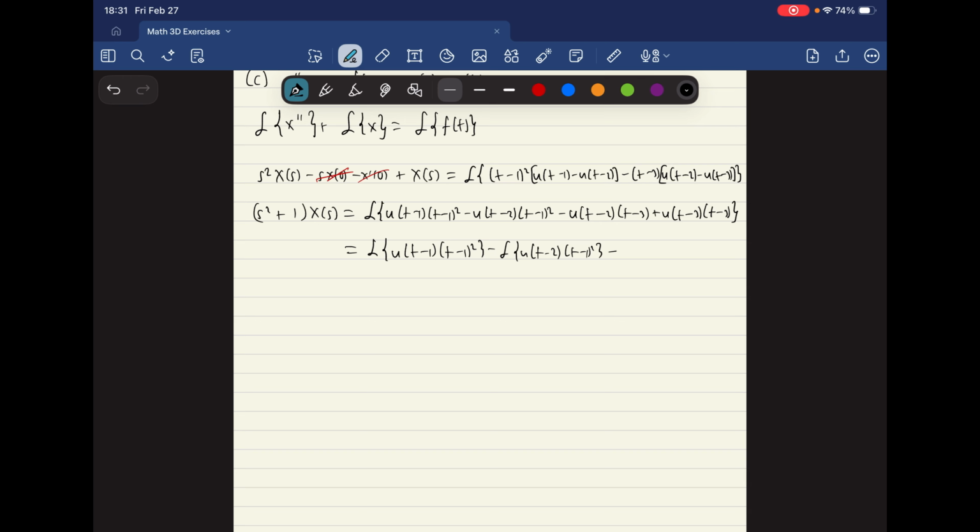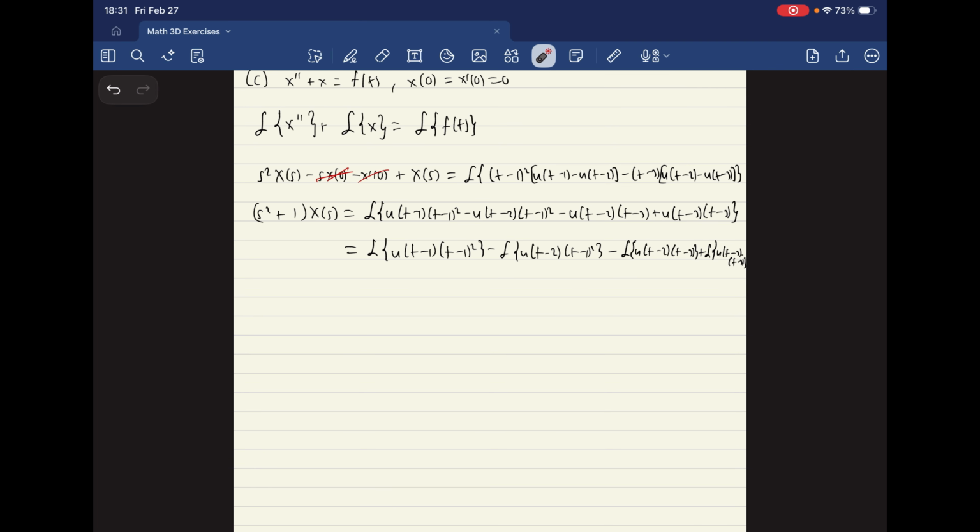And then over here, minus L of u of t minus 2, t minus 3, and then plus L of u of t minus 3 times t minus 3. Sorry for the small print. And finally, what does this give us? Well, to solve for X of s, we first need to figure out what these Laplace transforms are.